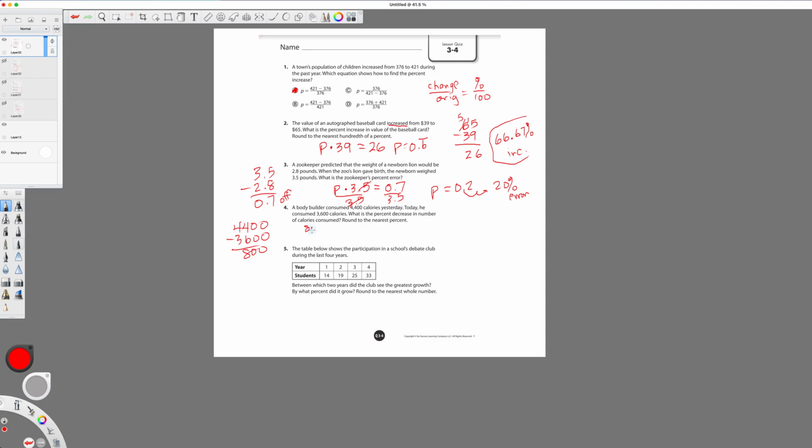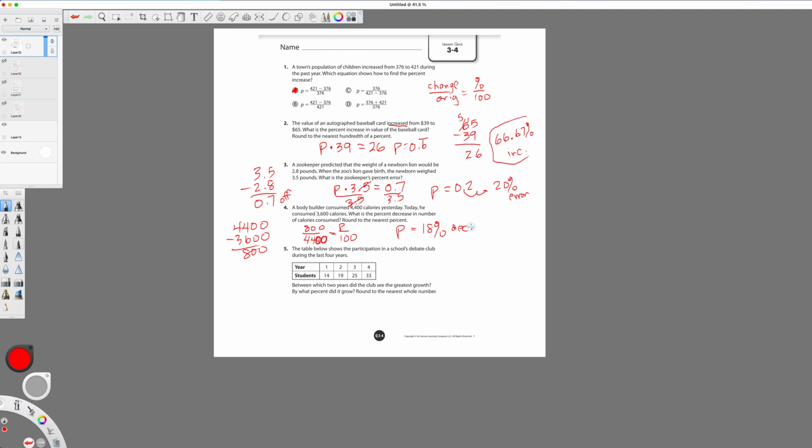So it's 800, I'll use a proportion this time, to 4,400. That's what it was yesterday. 4,400 equals percent over 100. And if you do that arithmetic, you should get roughly 18%. And it's a decrease.